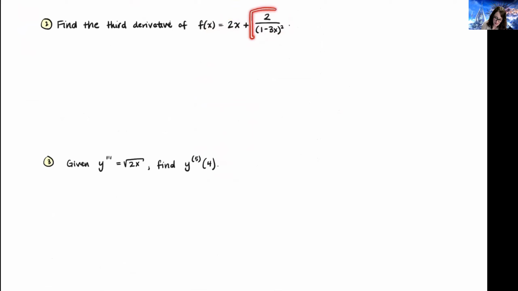Now this part here is a quotient, so we have to be careful when we differentiate it. We could use the quotient rule, but it is a quotient of a certain format, one that we just talked about, where the thing in the numerator is a number, right? There's no variable stuff up there, but there is variable stuff in the bottom.